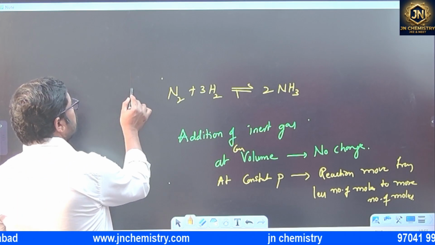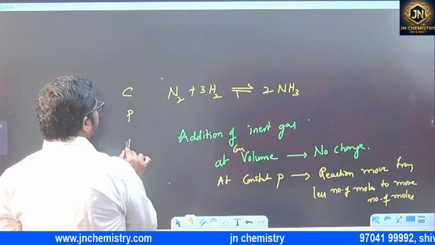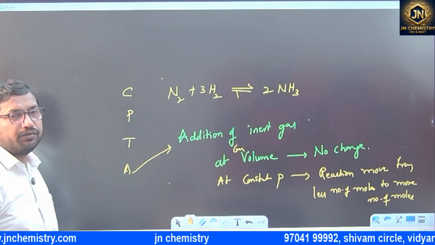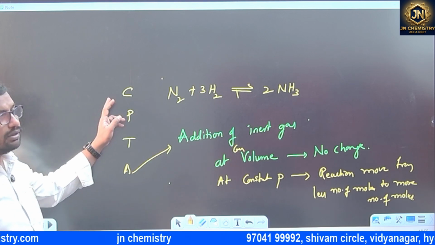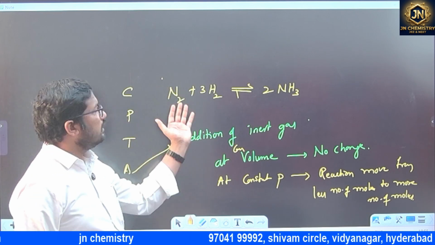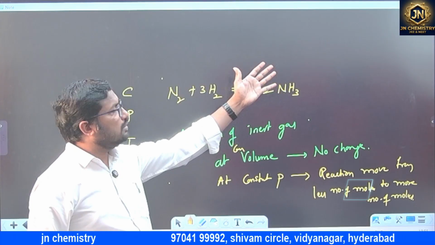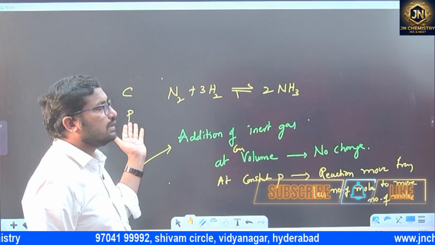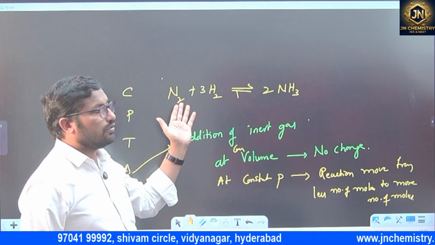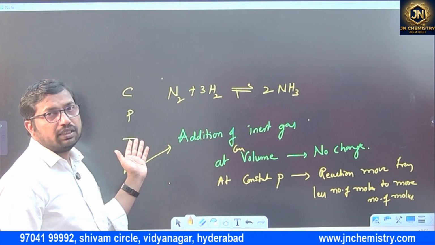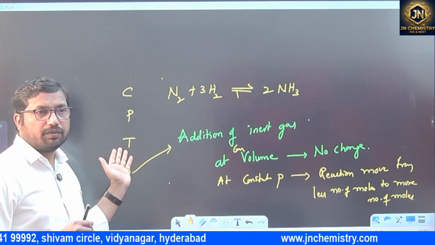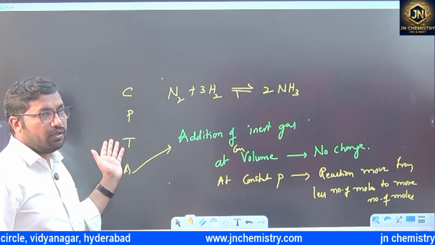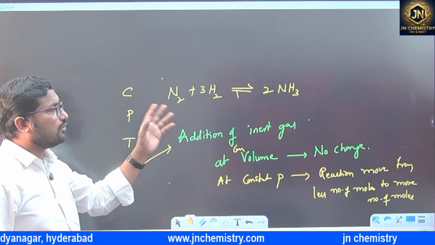One, concentration; pressure; temperature; addition of inert gas. If concentration of reactants is increased, it goes to the product side; if products are increased, it comes to the reactant side. If pressure is increased, then more number of moles to less number of moles. Temperature is based on exothermic and endothermic. Endothermic reactions are favorable at high temperatures. Exothermic reactions are favorable at low temperatures. Based on that, we need to cross check.